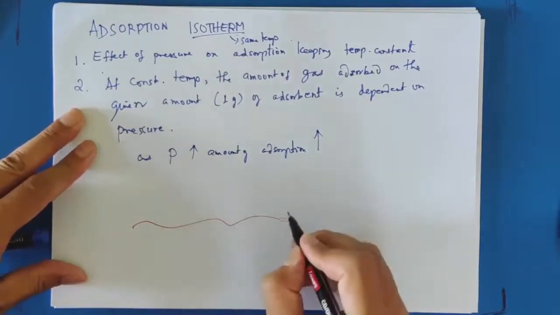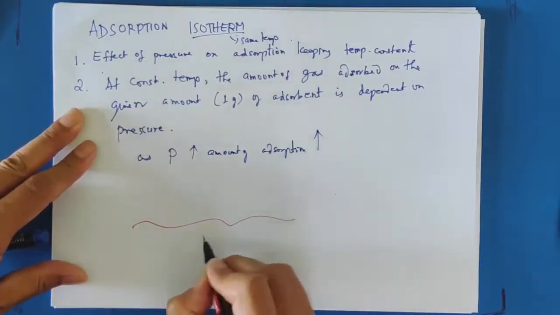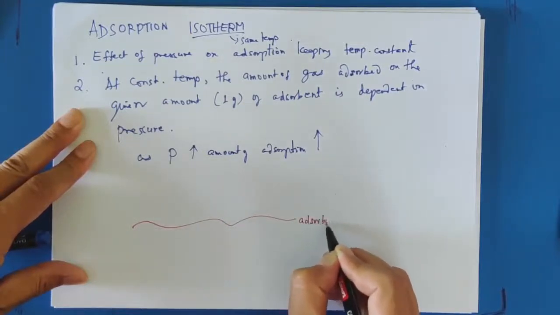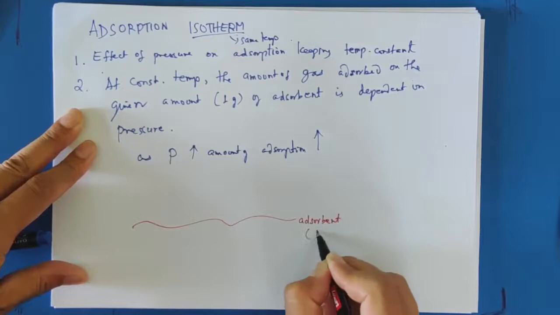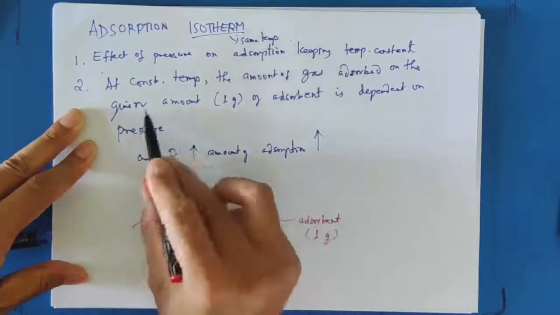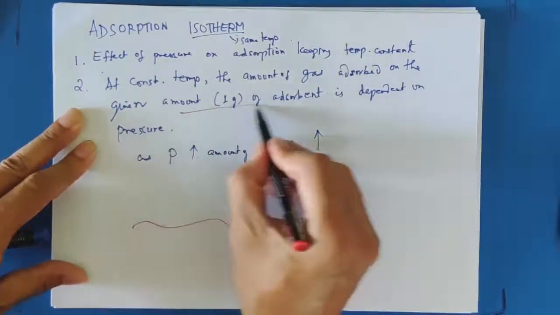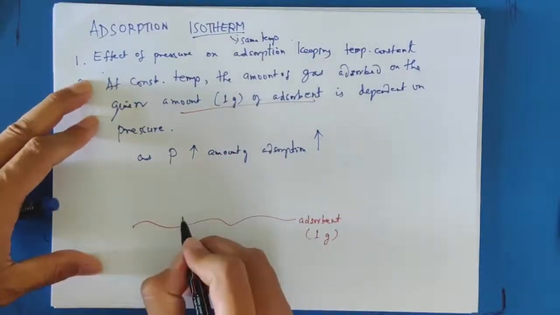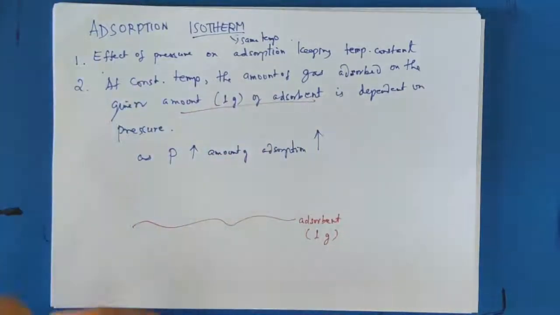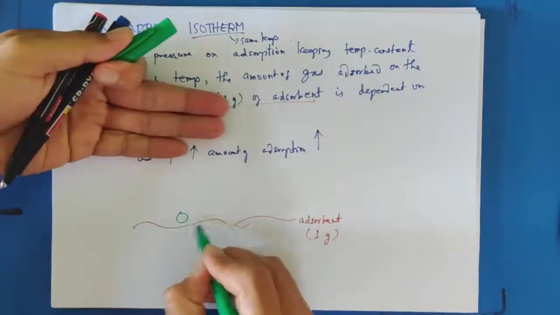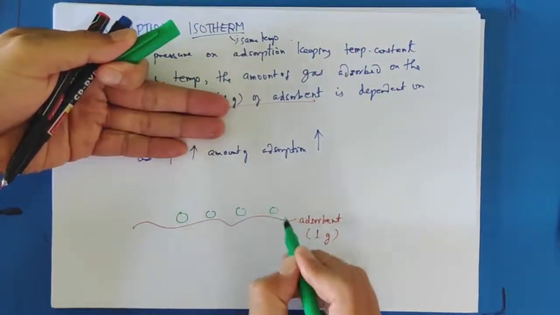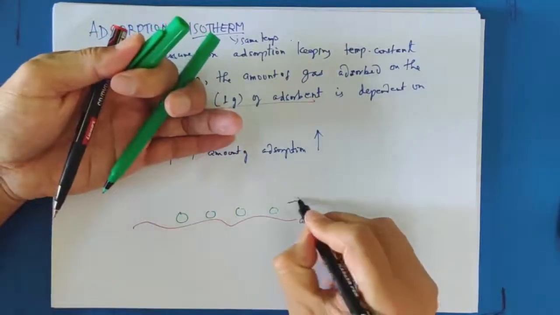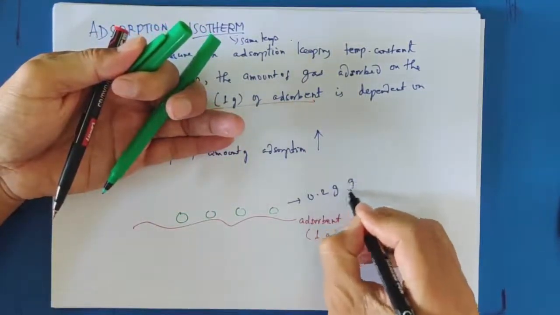Suppose this is your adsorbent, whose mass is 1 gram. Given amount, 1 gram of adsorbent. Suppose gas molecules get adsorbed, whose mass is say 0.2 gram of gas.